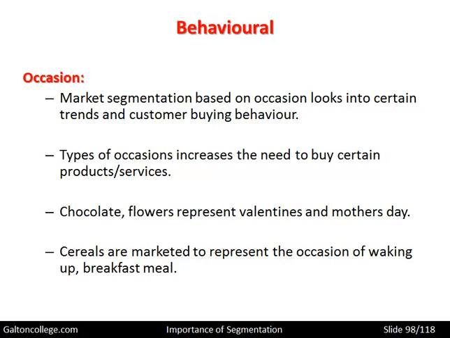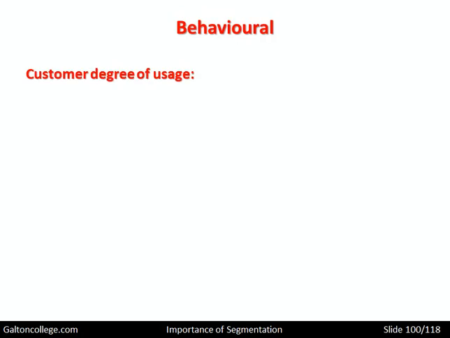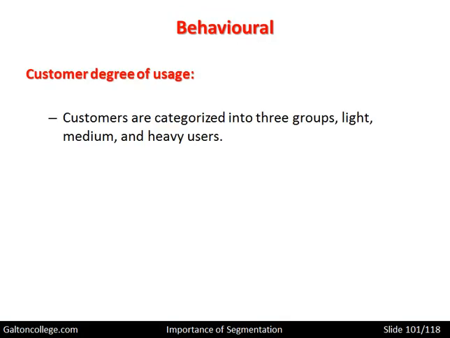Or alternatively, you look at it the other way around. The producers of the product need to identify when the product will be bought and what is the occasion it will mark. The customer degree of usage. Well, customers are categorized into 3 groups: light, medium and heavy users.